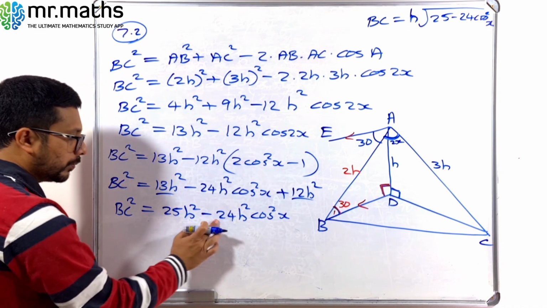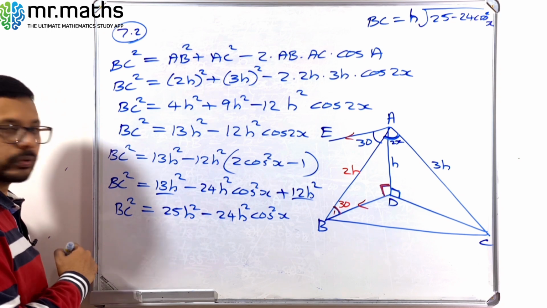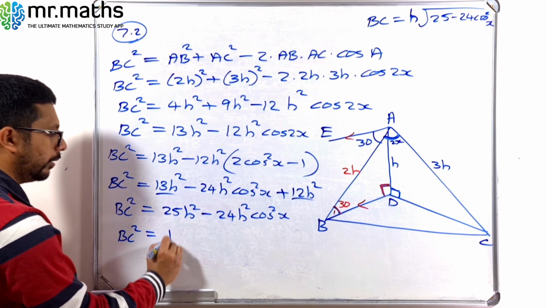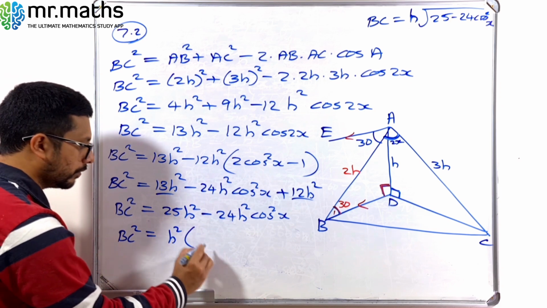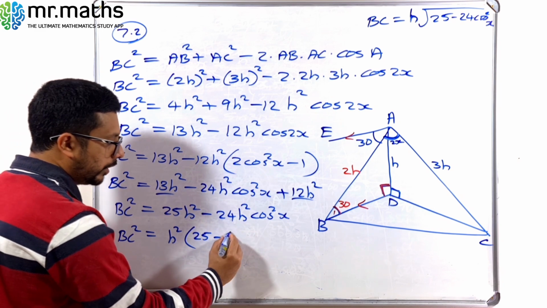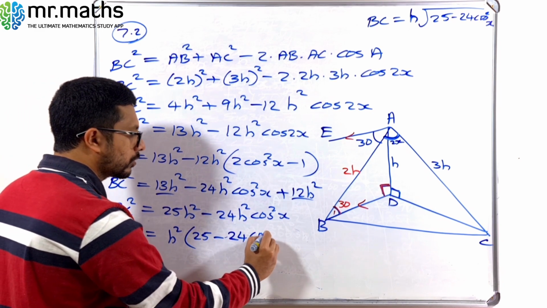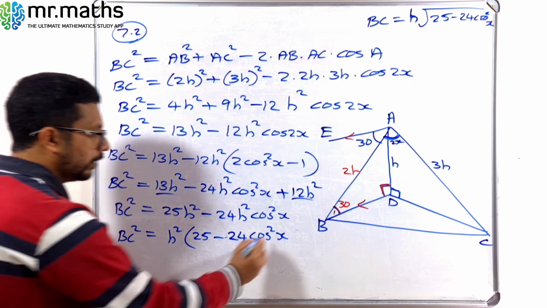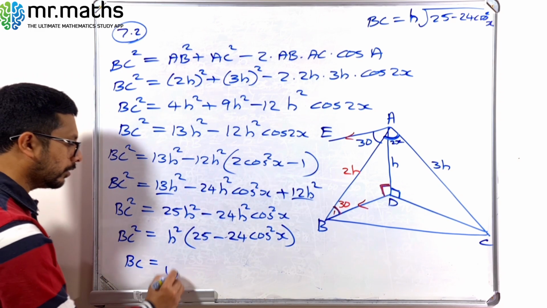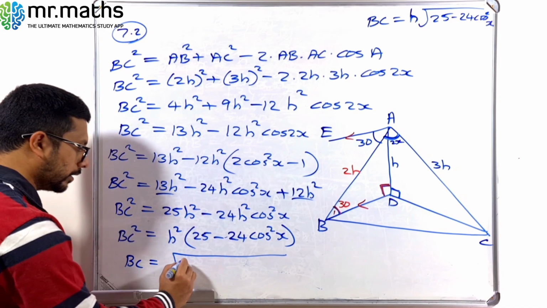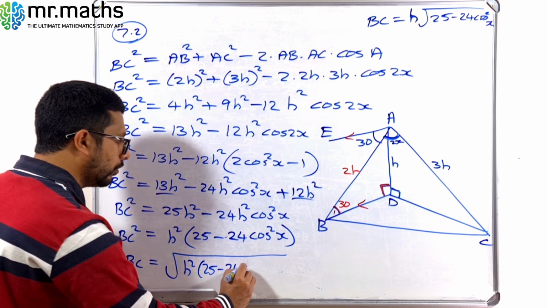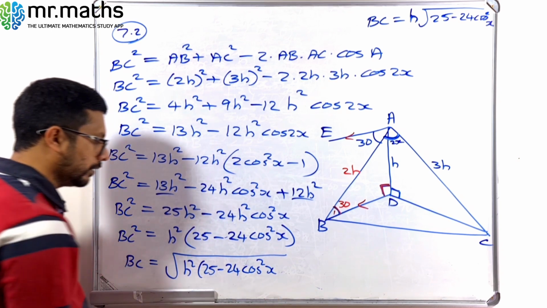From these terms we can take h squared as common factor. So BC squared is equal to h squared into 25 minus 24 cos squared x. So BC is the square root of the whole thing, h squared into 25 minus 24 cos squared x.